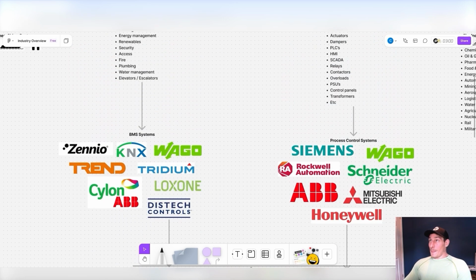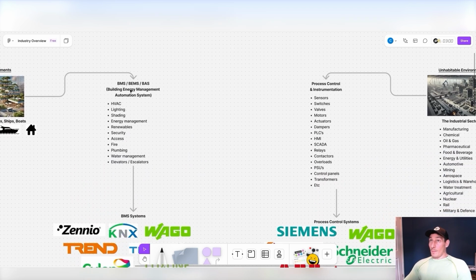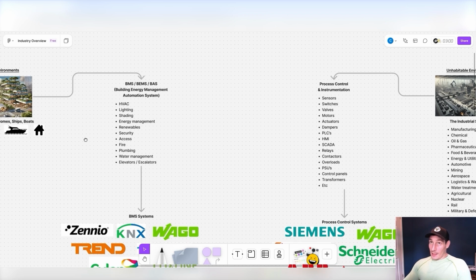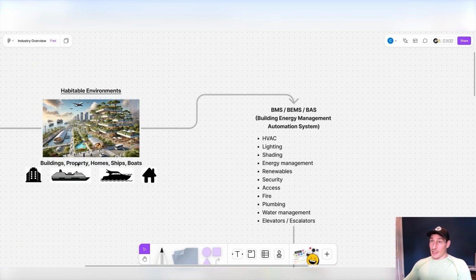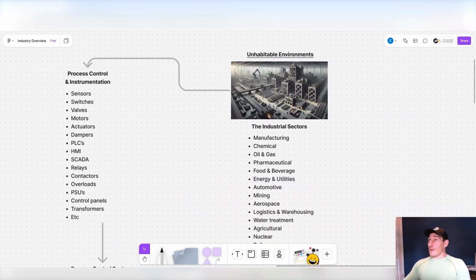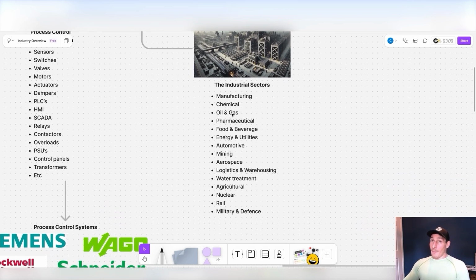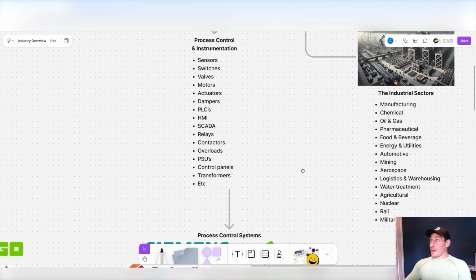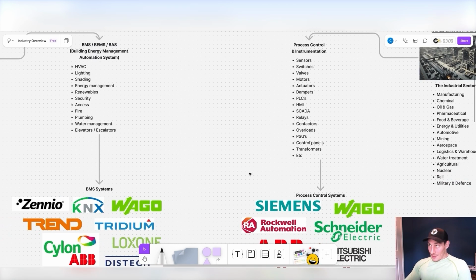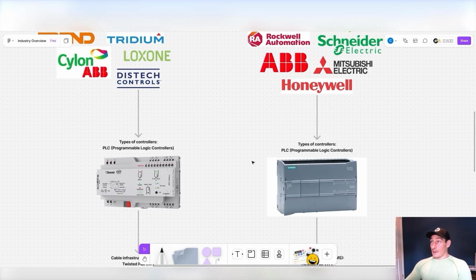These industries: BMS, BEMS, BAS, building energy management and automation systems for buildings, so habitable environments, buildings, properties, homes, ships, boats, and all these sectors that come under the uninhabitable environments, like the manufacturing sector, chemical, oil and gas, mining, water treatment, agriculture, all of these, it's kind of the same thing, as you can see here.